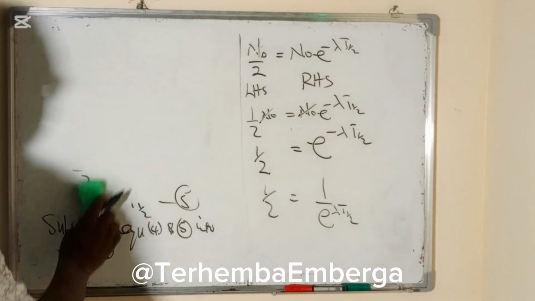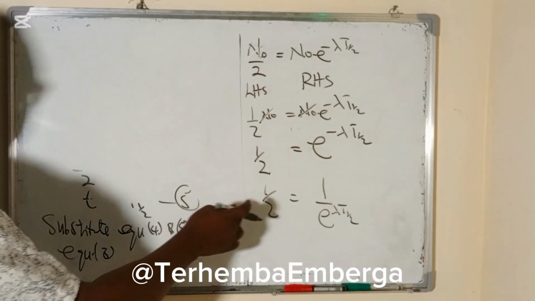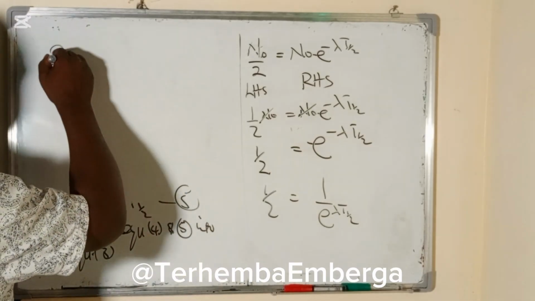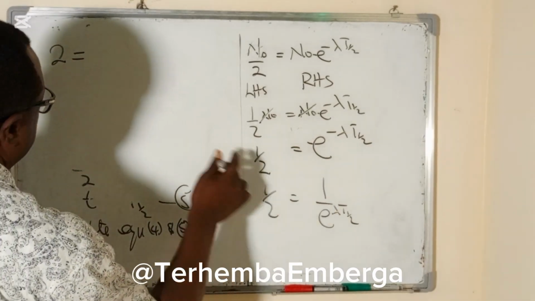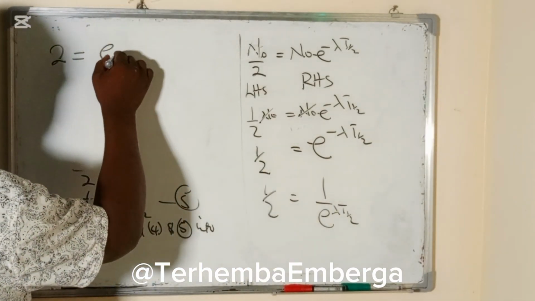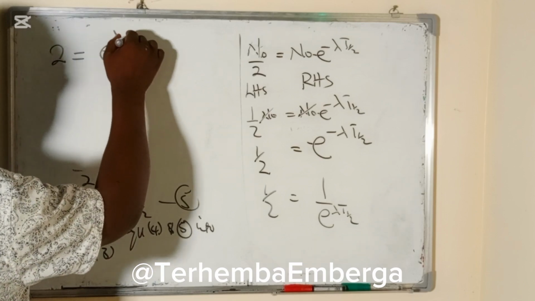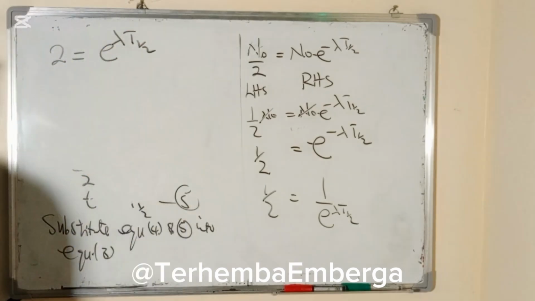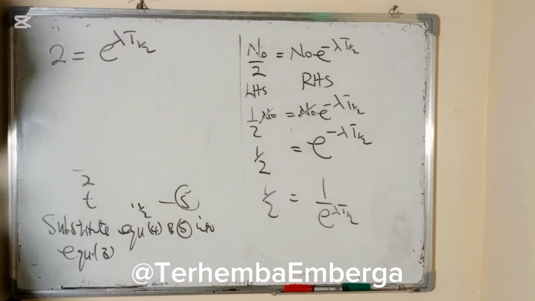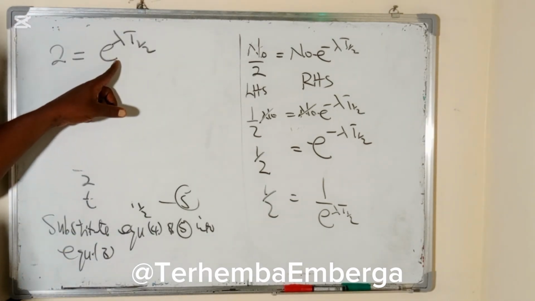So at this point, we can cross multiply and say that 2 equals e to the lambda t half.